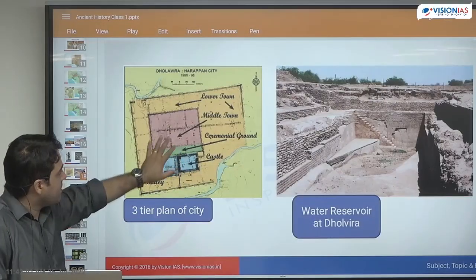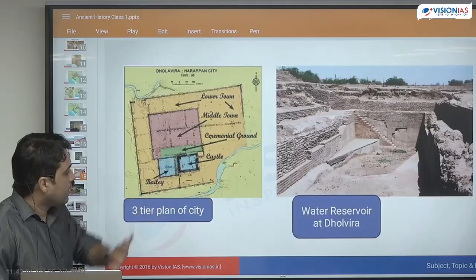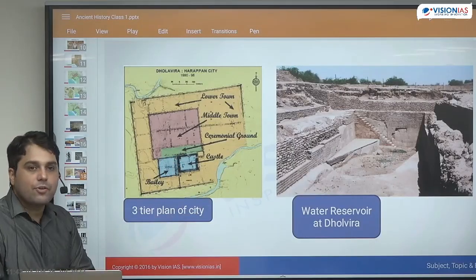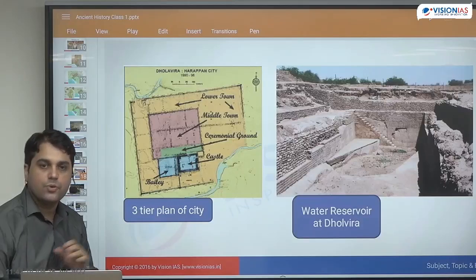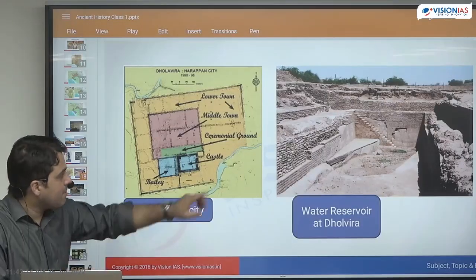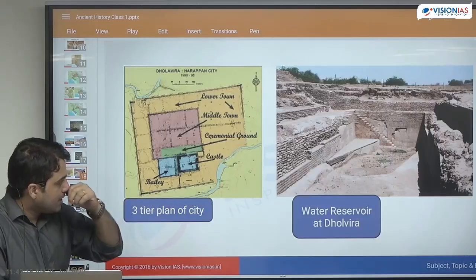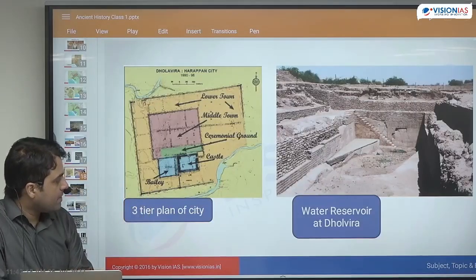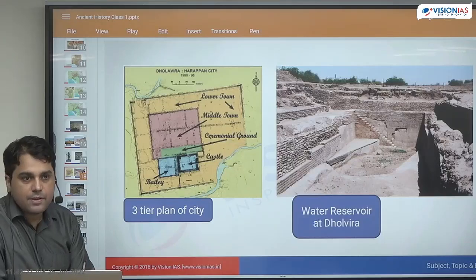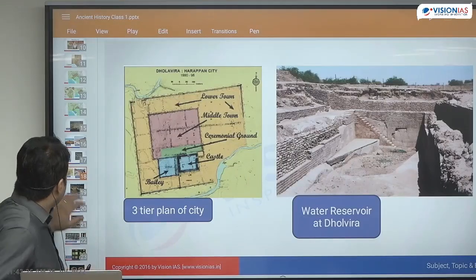Then there is a middle town, and there is also a lower town. And Dhaulavira is very famous for its water reservoir and investment into conservation and sustainable use of water. So that is the remarkable feature of Dhaulavira as a site, that it is known for its water reservoirs as well as its investment into conserving water and its sustainable use.